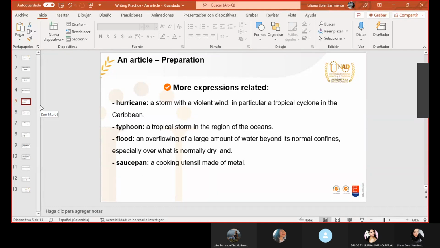Saucepan. Brigitte, could you read the last one? Saucepan, please. Agreed?